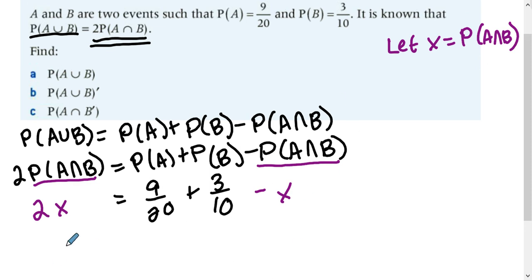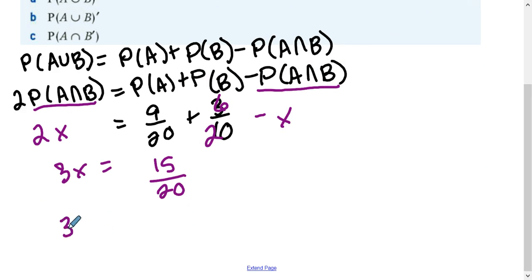So I'll add that X over, so we get 3X equals, common denominators are 20s, so that's 6/20, 15/20, which you can reduce. 3/4, yep. I wrote it upside down. Like, I wrote it correctly.